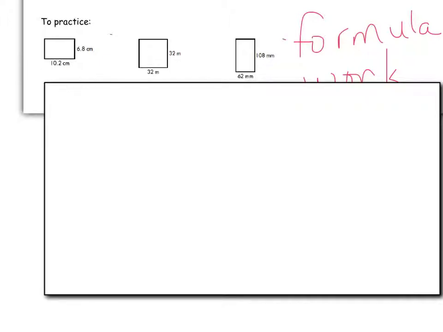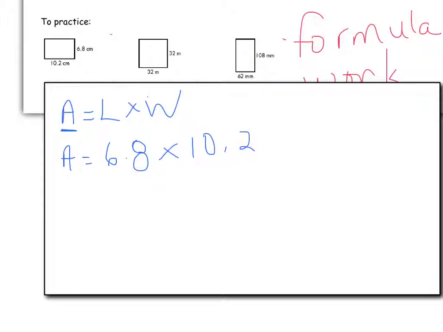All right, let's start with the first one. So again, our formula is area equals length times width. Should have the A there as well. So then area equals 6.8 or 6 8/10 times 10.2 or 10 2/10.